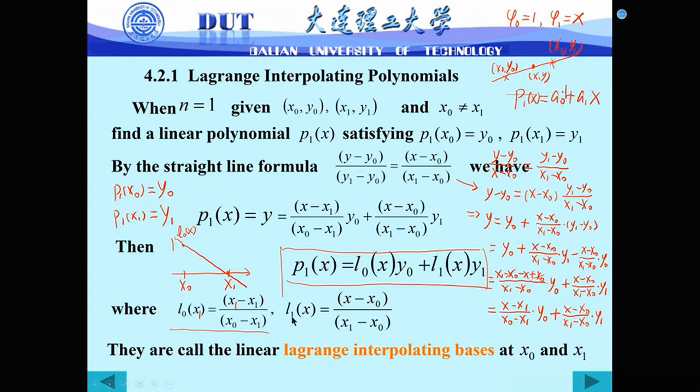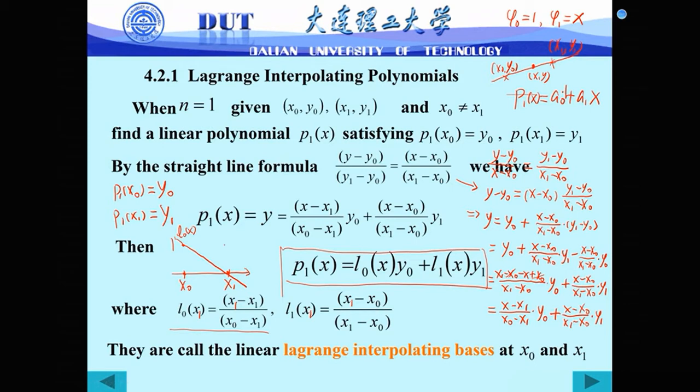And if we check L1(x), then L1(x0) has x0 minus x0, which is 0, so the function value is 0. And if we check L1(x1), then here is x1 minus x0 divided by x1 minus x0, so it is just 1.